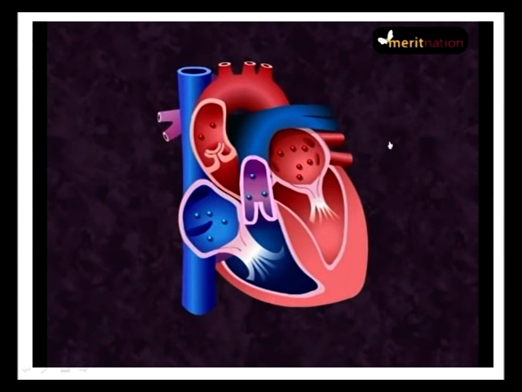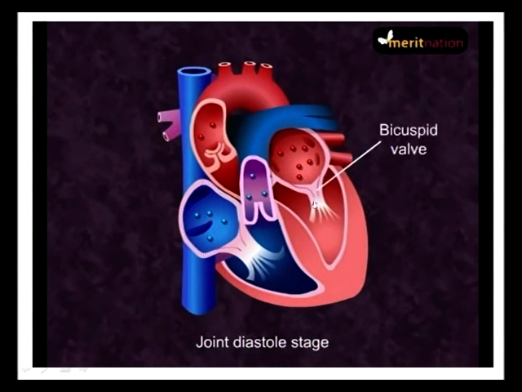So, look at here. Tswreis, this is the internal structure, and atria and ventricles are in the relaxed state, that means joint diastole stage. Here the bicuspid valve and tricuspid valve are open. If both the valves are open, what will happen? Yes, the blood in the atria will come to the ventricles.